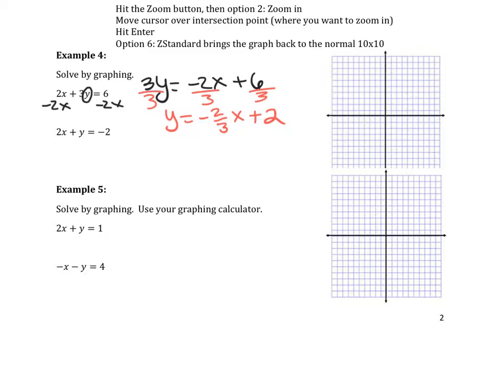So we can graph it by hand or we can do it in the calculator. So 1, 2. Then we go down 2 over 3. Down 2 over 3. Okay, so there's our first one.